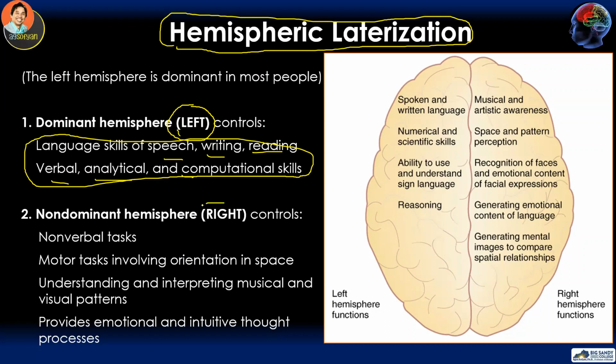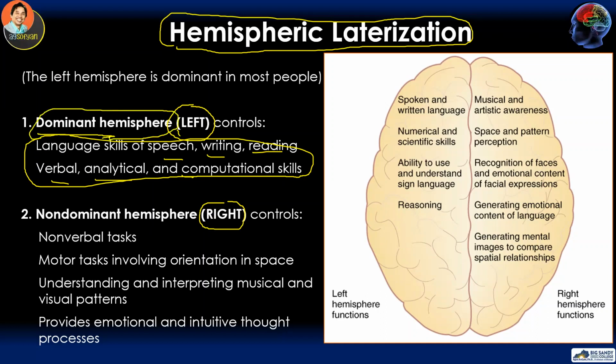This kind of skill is controlled by the left brain. And the right brain mostly controls non-verbal tasks: music, art. This will be done by the right hemisphere. Just for information, most people actually use the left brain normally. So this is what we call the dominant hemisphere.